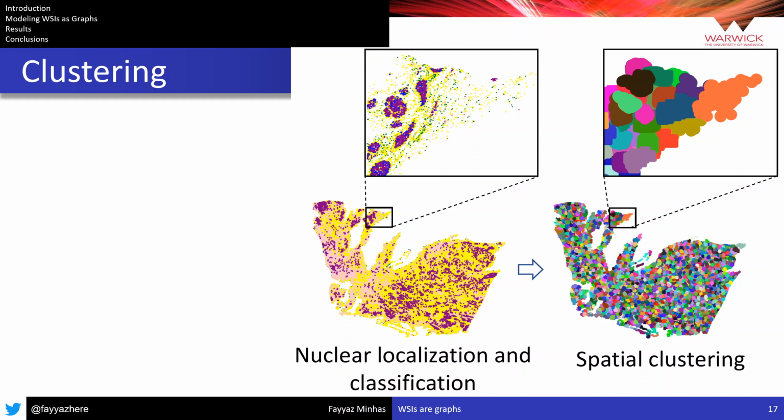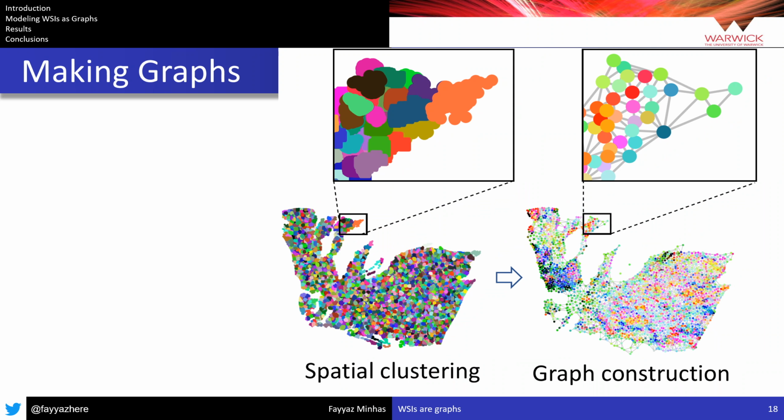So similar regions within the whole slide image that occur close to each other and have the same nuclear profile, that is, have the same type of cells, are clustered together. This is done to reduce the amount of memory that we need in order to process a large number of whole slide images. Once we get these clusters, we interconnect these clusters based on the spatial arrangement of where they occur.